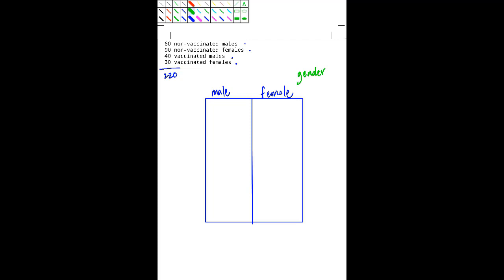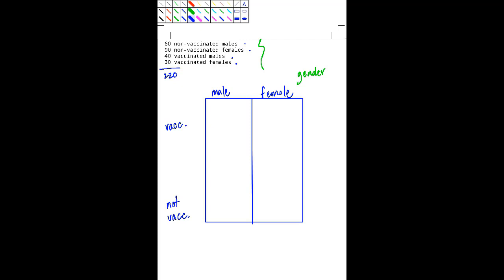The description of the population doesn't tell us how to diagram it. It could be diagrammed either way, but we'll do it this way. We'll put vaccinated and not vaccinated on the side. The variable on the side would be vaccination status. I don't really have room to write it, but that should be included if we wanted to be complete.